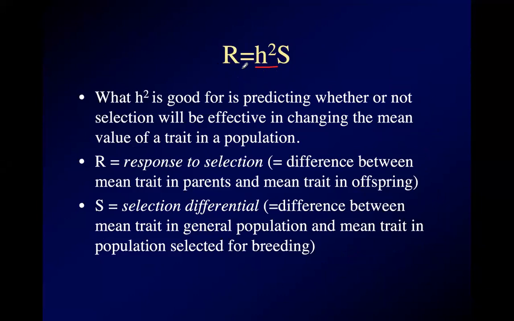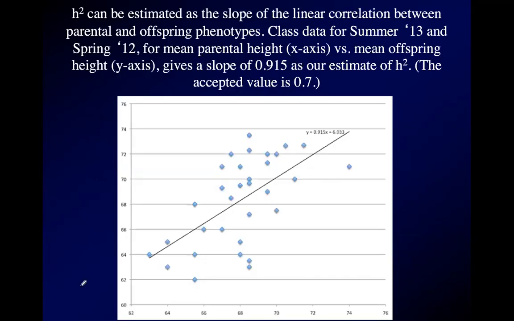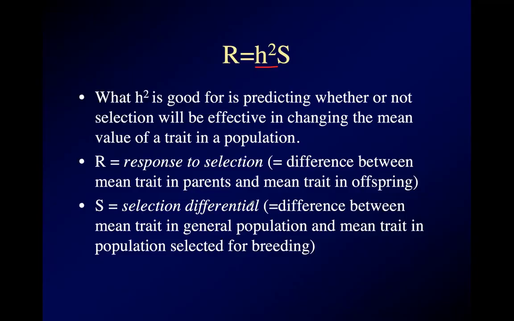That's the difference between the mean trait in the parents and the mean trait in the offspring after one generation of selection. And then S, whoops, sorry. S is called the selection differential. That's the difference between the mean in the general population and the mean in the population that you've selected for breeding. Okay, let me go back to the whiteboard and try to diagram this.